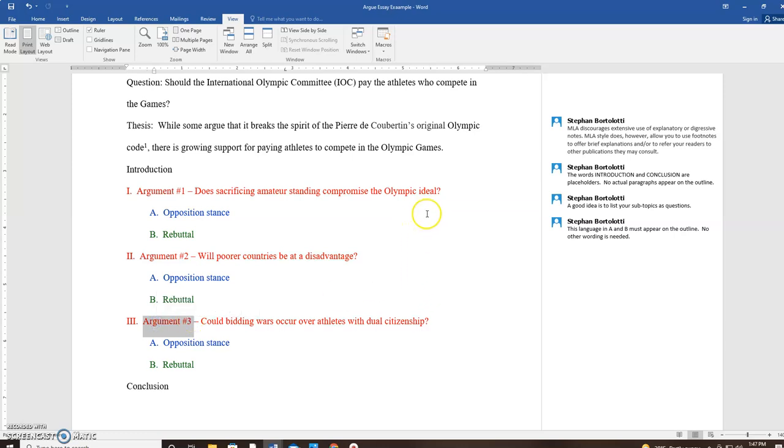I strongly encourage you to phrase your subtopic in the form of a question. It really makes it easy for you then to talk about what your opposition side says and talk about your rebuttal. Rebuttal simply means you answer what the opposition says and bring up your supporting material.